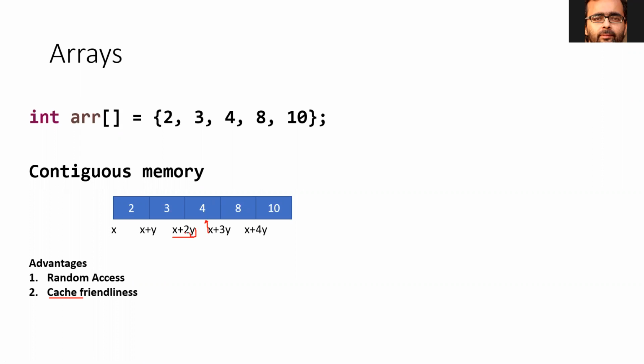If this is in your cache and you want to access another element, you know which index it exists at and which index you are fetching. Then you can just add another 2y and access it, or you can even access the base address, because you know what index you are fetching. That way you can access this memory at any time. This is how we say it is cache friendliness.